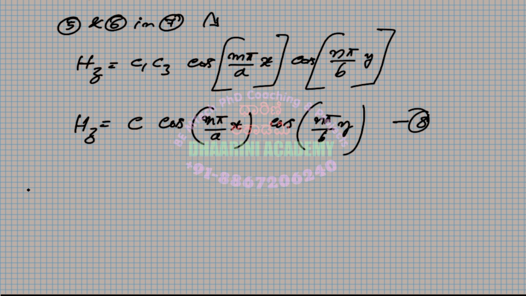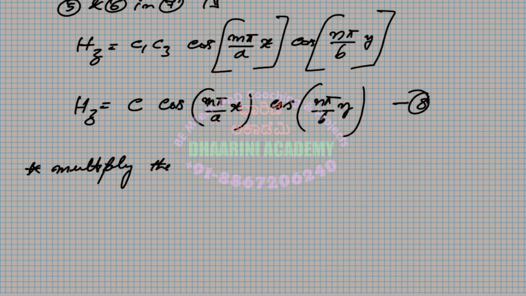So we'll multiply the whole equation by two terms. One term corresponding to the time. So what is that term? It is e to the power j omega t, correct?